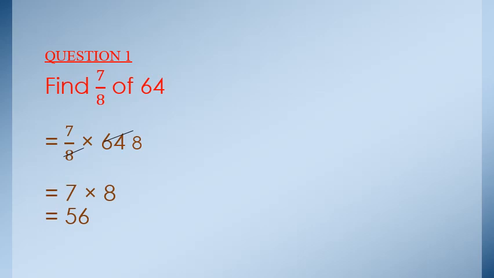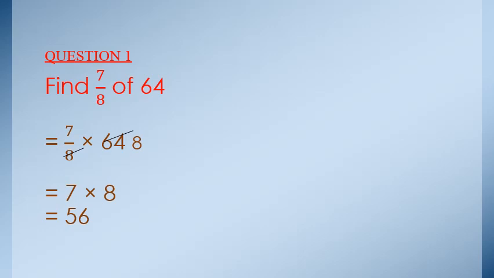So in this question also, below 64 no denominator is there, so we will consider it as 1. If a whole number is given, a whole number is not having any denominator, so we will consider it as 1. Now we'll see that the denominator of the first fraction, that is 7 upon 8, is 8. This can be reduced by the numerator, which is 64.